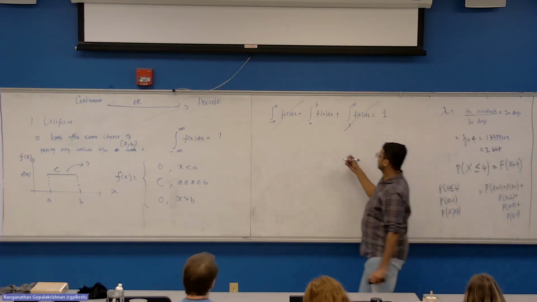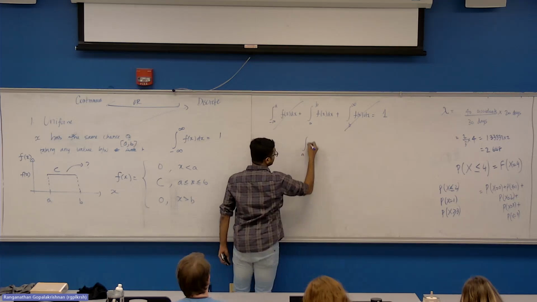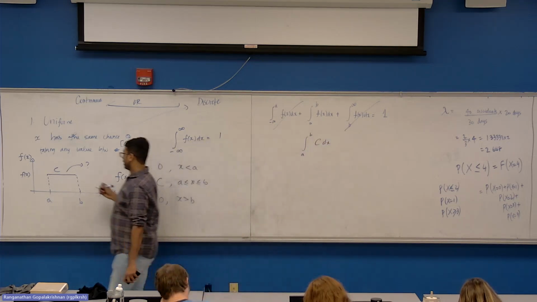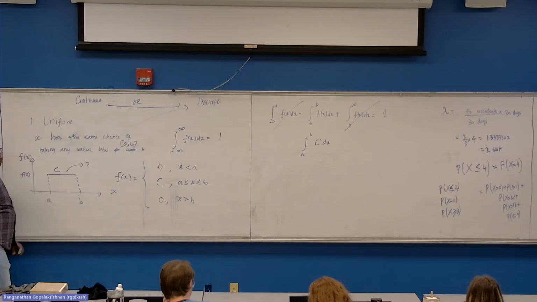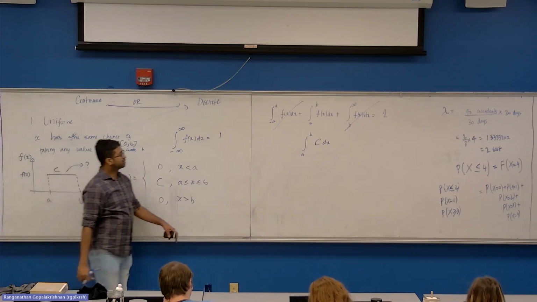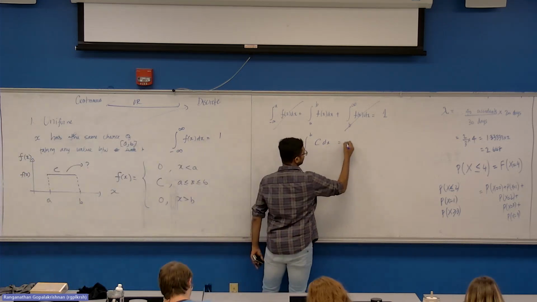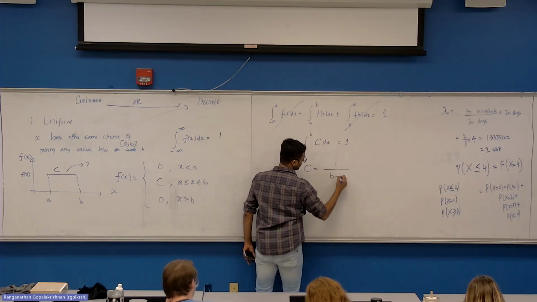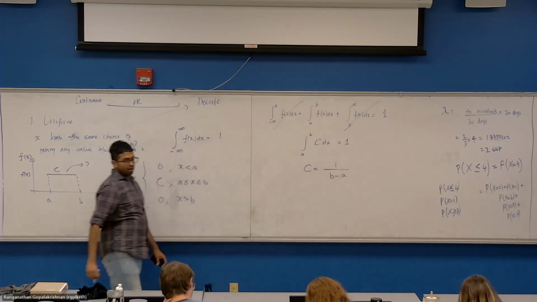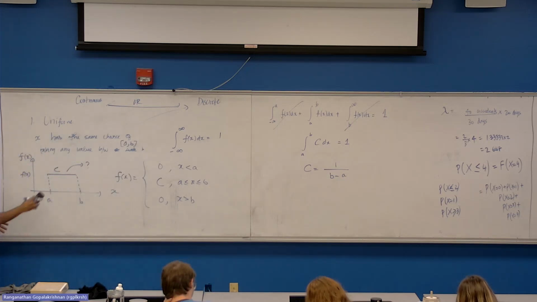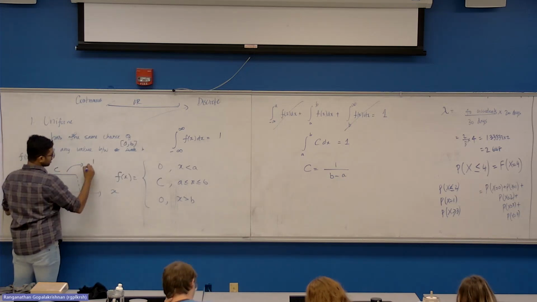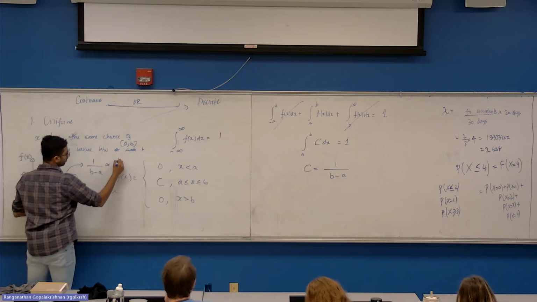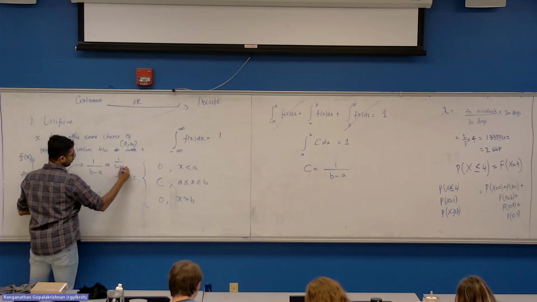So you have integral a to b c dx, because we assume that it takes some unknown value c in the middle, and this is c dx equal to 1, or you can write c is 1 over b minus a. So this unknown value of c is 1 over b minus a, or 1 divided by the width of the interval.